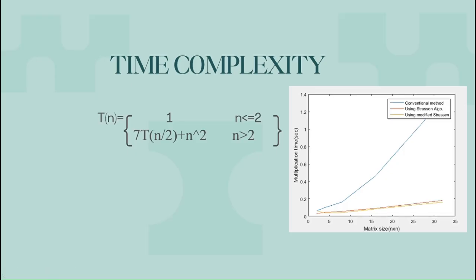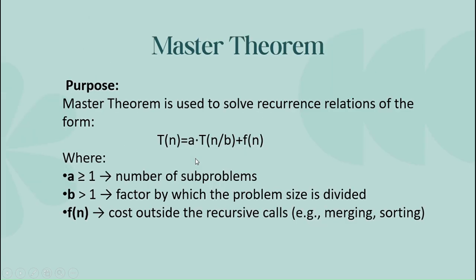In the time complexity of Strassen's algorithm, n is the size of the matrix. When the size is less than 2, it is a constant value, but when the size is greater than 2, the time complexity becomes T(n) = 7T(n/2) + n squared, where 7 is the number of multiplications used in Strassen's algorithm.